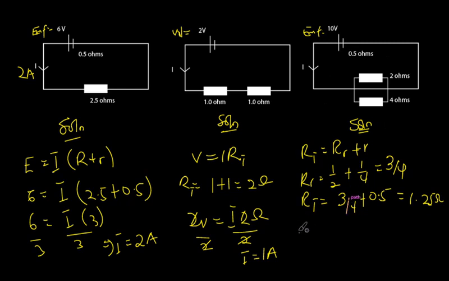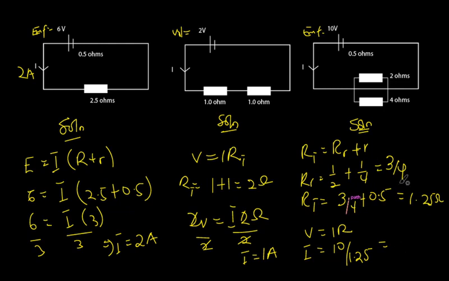So from here we know that our voltage, or the EMF, V, is equal to IR. So I is equal to voltage over resistance, which in this example will be 10 divided by 1.25.